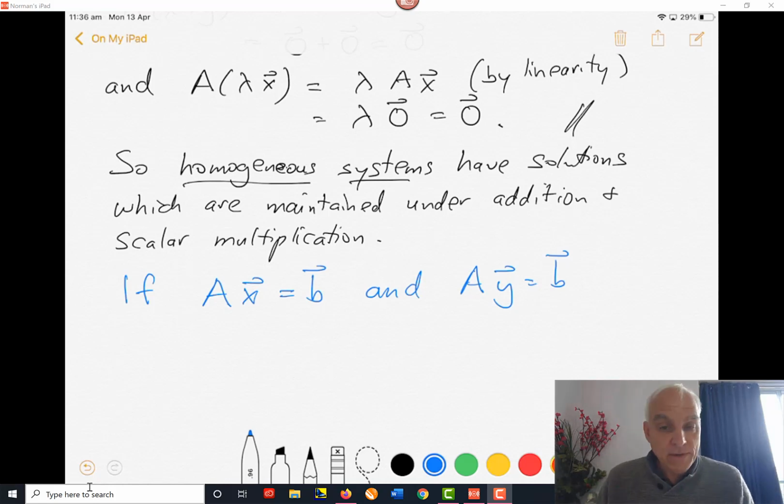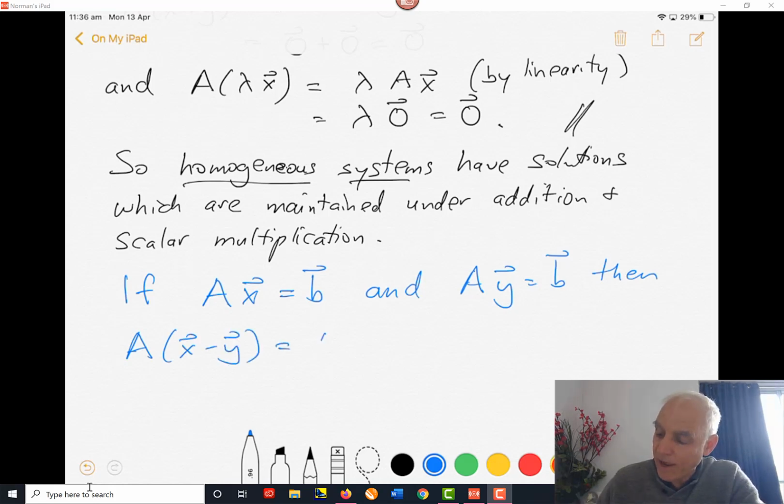So it's not going to be true that if you take X plus Y, you're going to get another solution. Okay, but what is true is that if you take the difference between X and Y, you're going to get a solution to the homogeneous equation. So then if we look at A times X minus Y, by linearity, strictly speaking, I'll do it in a step.